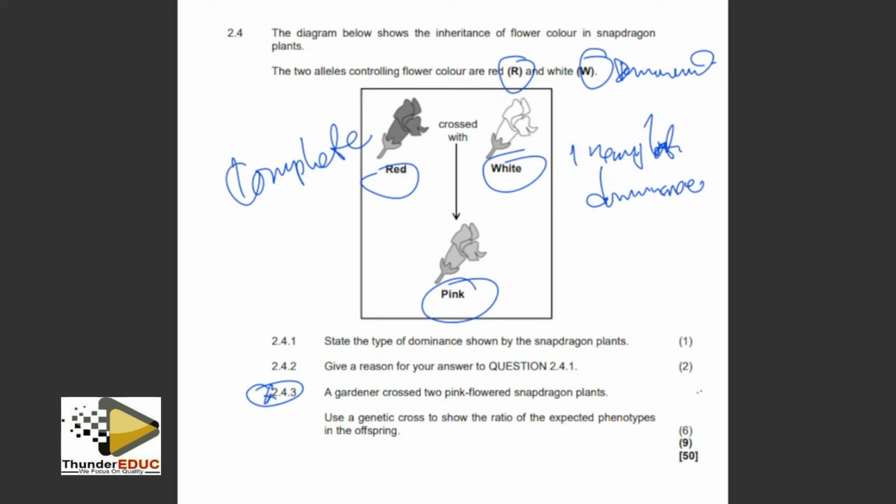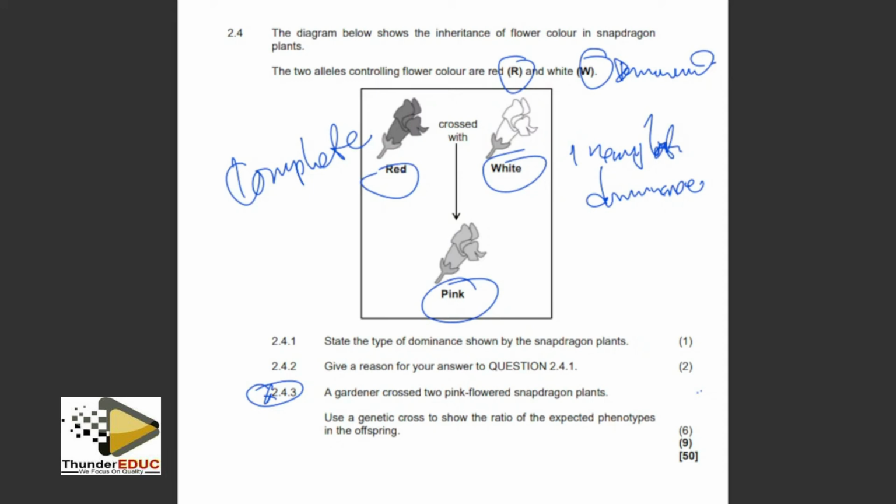And if I have codominance, red and white, I would have produced a mixture of red and white. But because this one is pink, a third phenotype, or an intermediate, therefore it is incomplete dominancy.